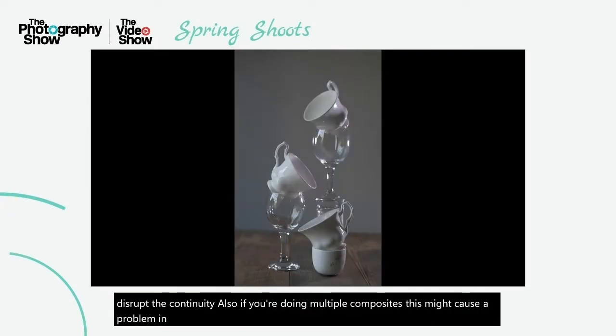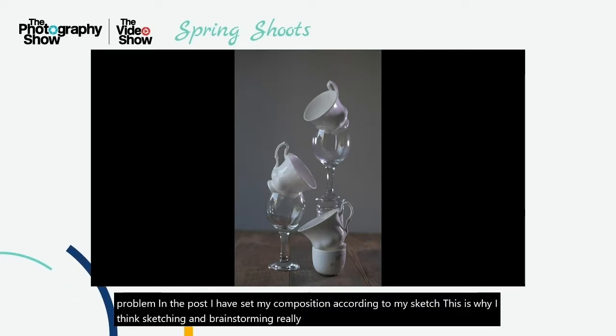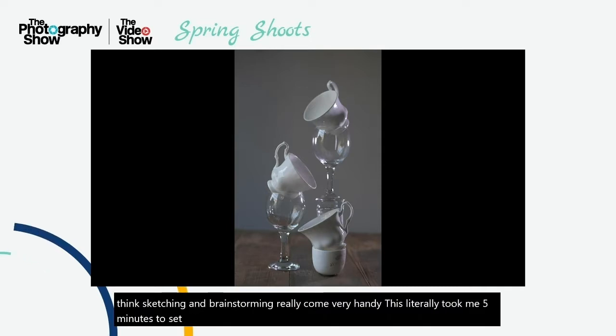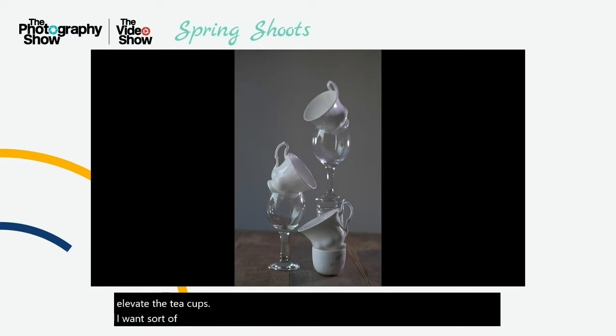I have set my composition according to my sketch. This is why I think sketching and brainstorming really come in very handy. This literally took me 5 minutes to set the whole thing up. Here I have used a few wine glasses and cups to elevate the teacups. I want sort of a tea fountain, and we could use fishing wires or clamps to hold them.